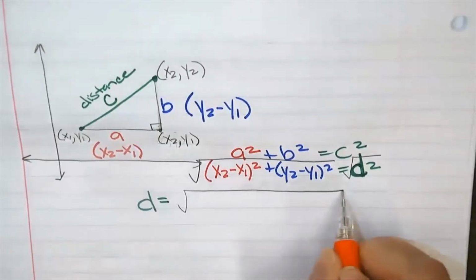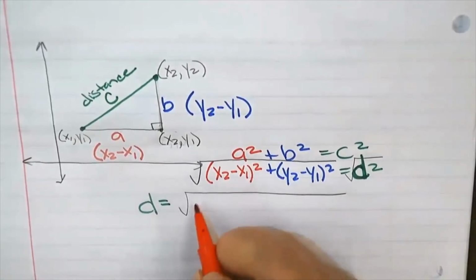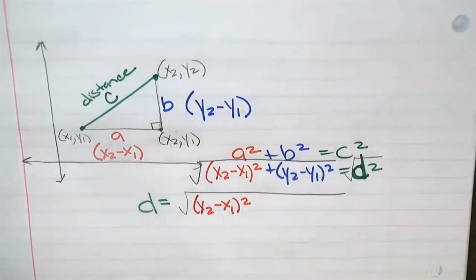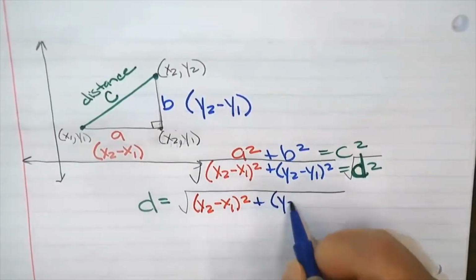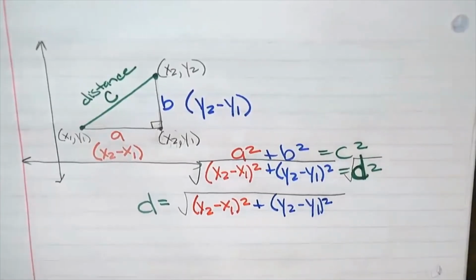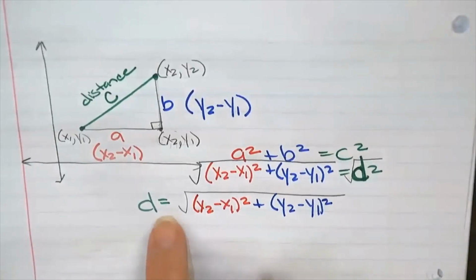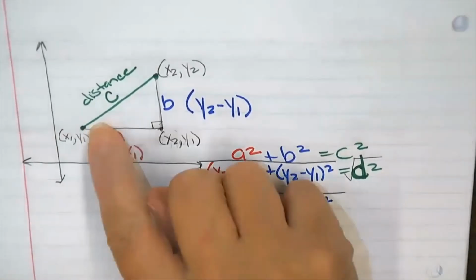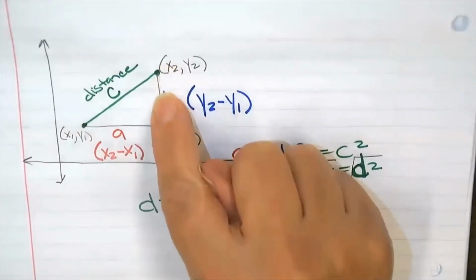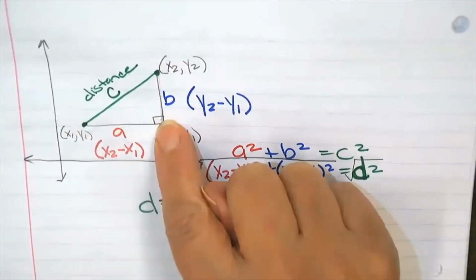And the square root of X2 minus X1 squared plus Y2 minus Y1 squared. Okay. This is where the distance formula comes from. We are taking our line and creating a right triangle.